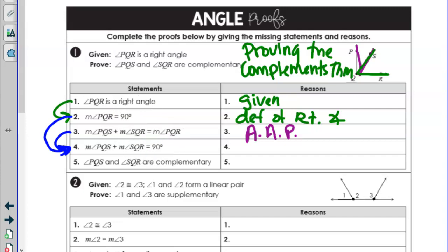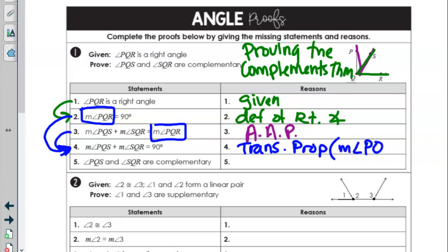Alright, so let me circle something different. PQR and PQR. Substitute. Almost. Transitive, very good. That is the transitive property. What was my common link? PQR. They linked it together by the measure of angle PQR.